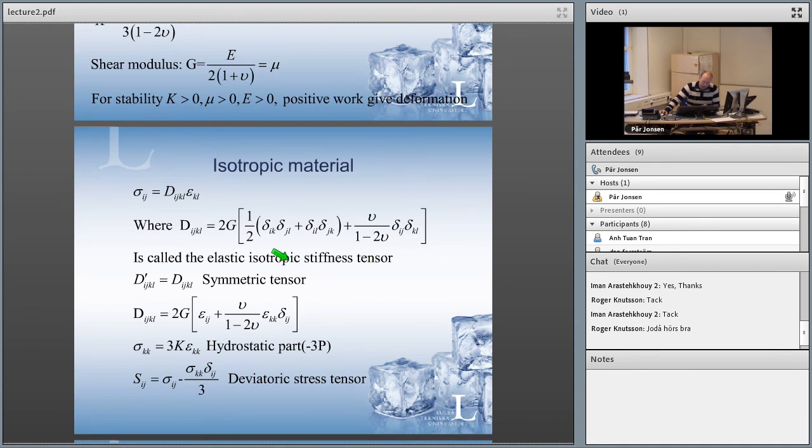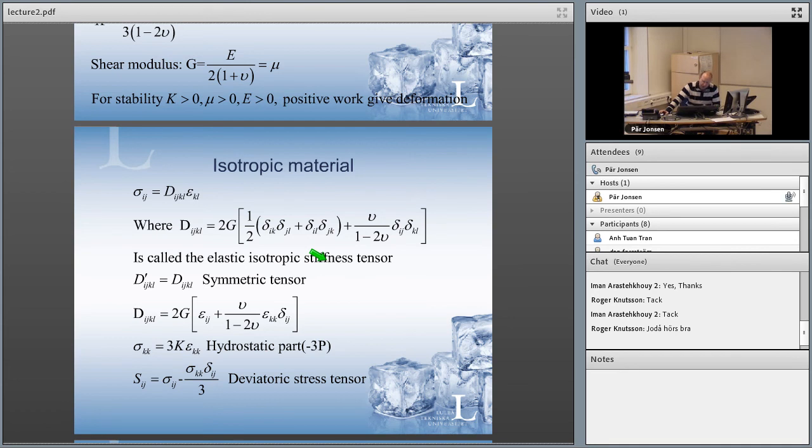This Kronecker delta is more or less to spread out the components in a correct way in the matrix. If you take it index-wise exactly the right way it should be, you will find that this relation holds, and you will have a matrix more or less created from this relation. So that's why you have this Kronecker delta spread out in the equation.